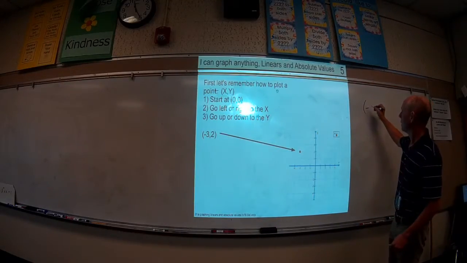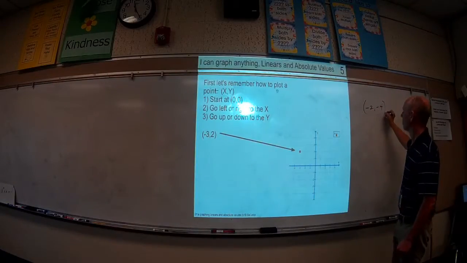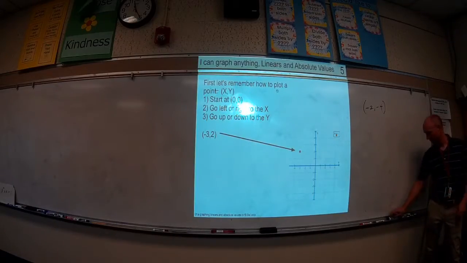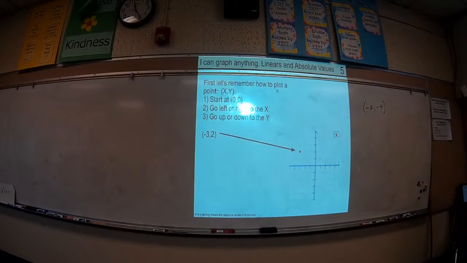Then plot -2, -4. Good. -2, -4. Good, you got it. You don't spend time doing tick marks and things.